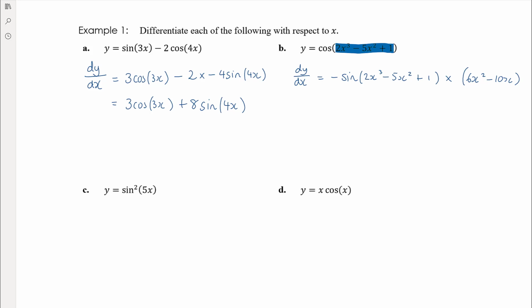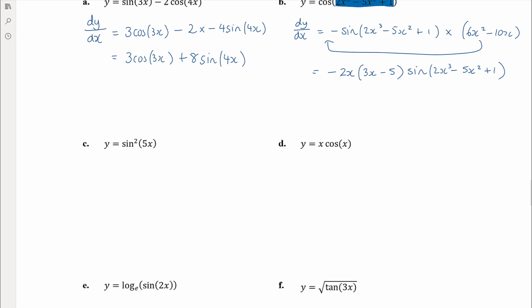We would normally write that at the front to avoid any ambiguity about whether or not it is actually in the sine function. So we would write that as negative. You might also take out the common factors there of 2x, which would leave us with 3x minus 5 times sine of 2x cubed minus 5x squared plus 1.